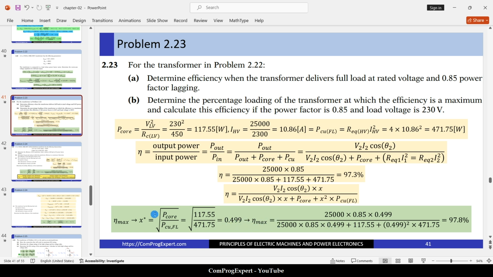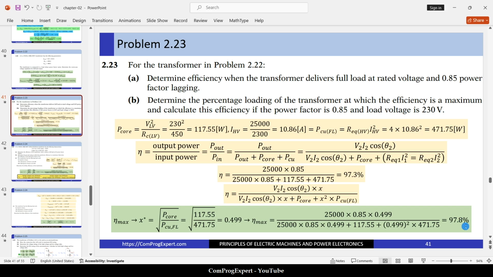So considering this load fraction, you also remember this equation. For any load fraction, we can calculate the efficiency using this equation. If you replace the numbers, the value of the efficiency will be equal to 97.8%.